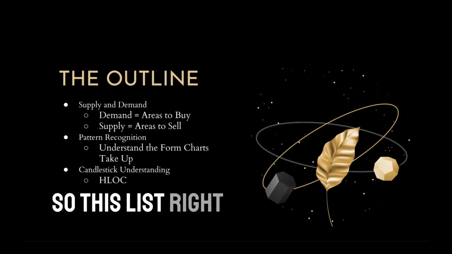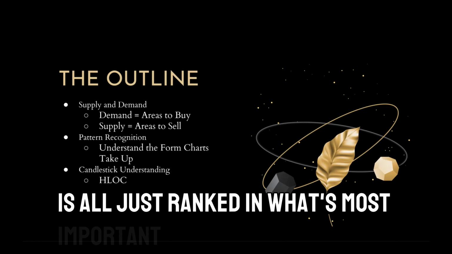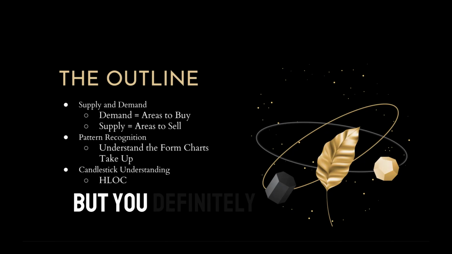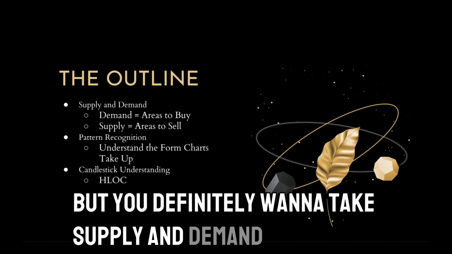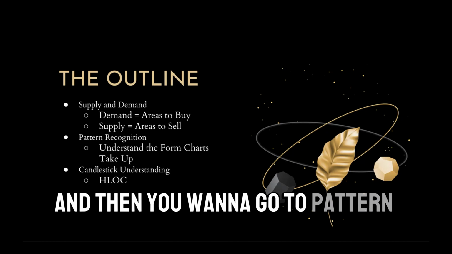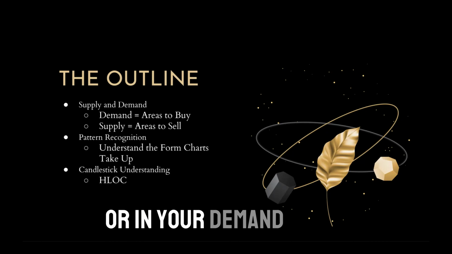This outline is ranked from what's most important, not necessarily to what's least important, but you definitely want to take supply and demand first. That's the first thing you ever want to look at. Then you go to pattern recognition, trying to find patterns in your supply zones or demand zones.